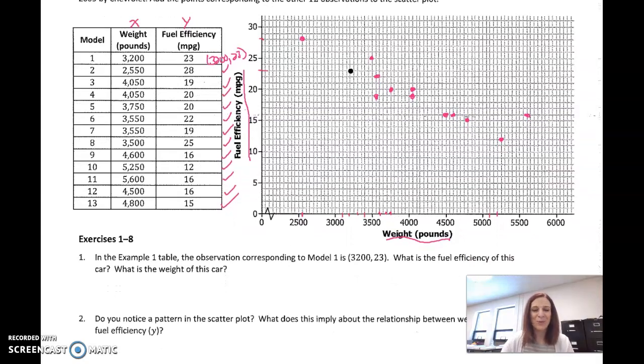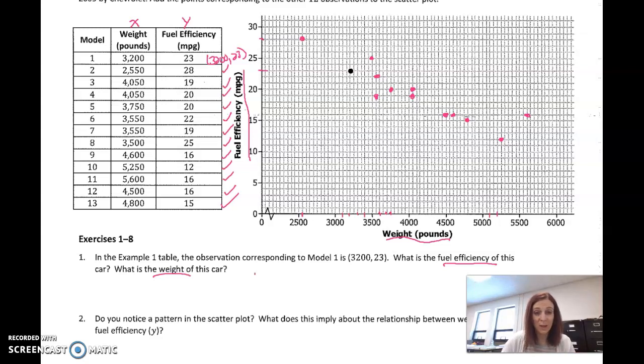It says in example 1 table, the observation corresponding to model 1 is 3,200, 23. What is the fuel efficiency of this car, and what is the weight? If you look up here, weight is X, and our X value is 3,200.